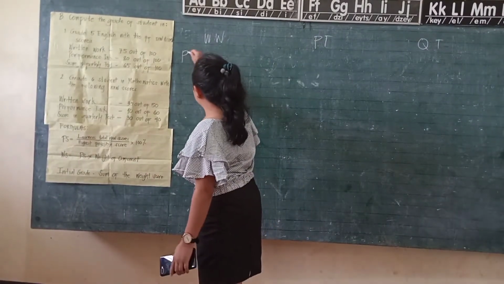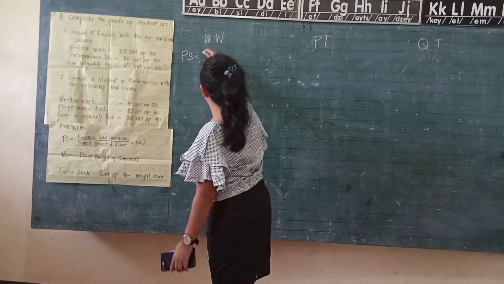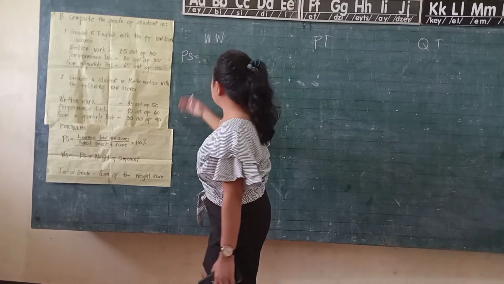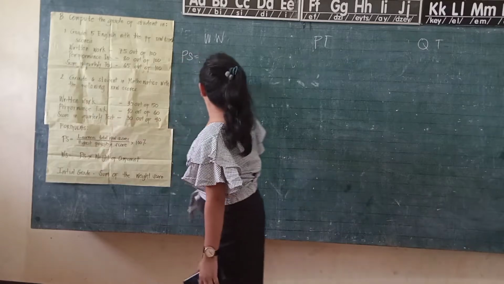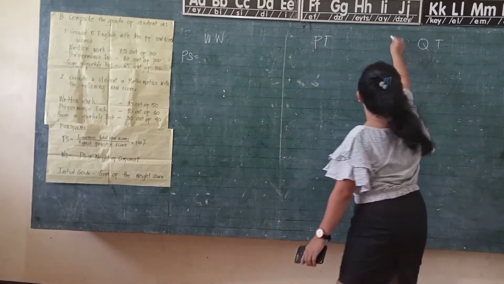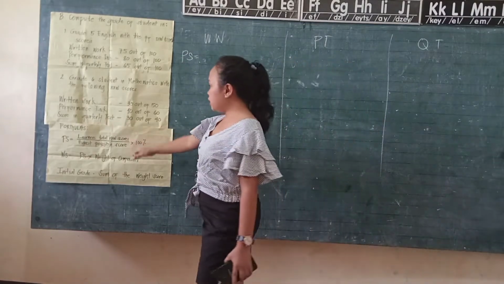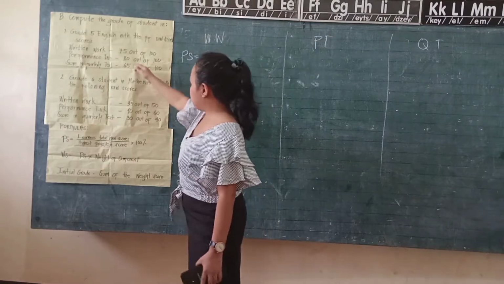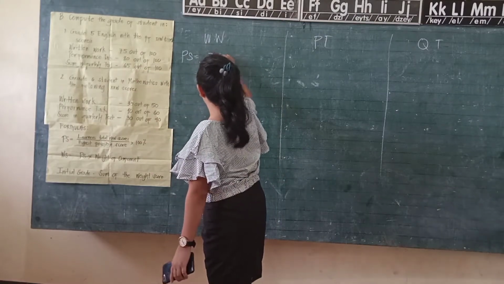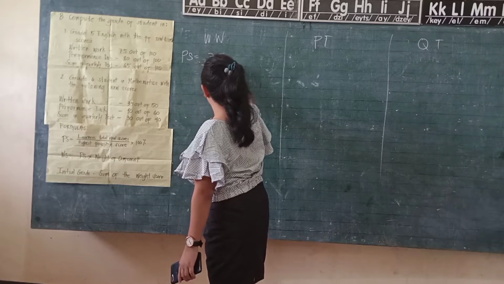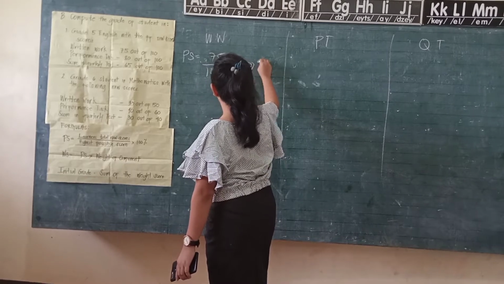So PS equals learner's total score in the written work, which is 75, and then the highest possible is 100, times 100%.